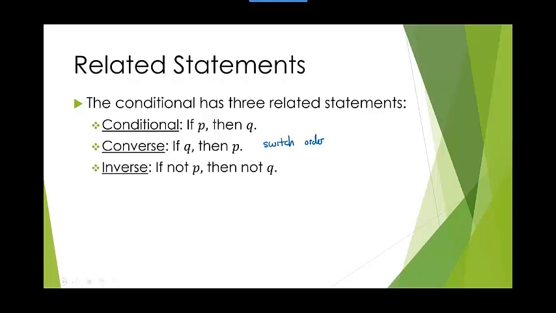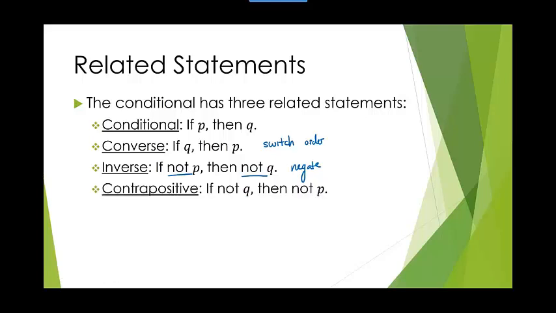Okay. The next related statement is the inverse. That's where we have if not P, then not Q. What we do here is negate each part of the sentence, just put not in front of both things.